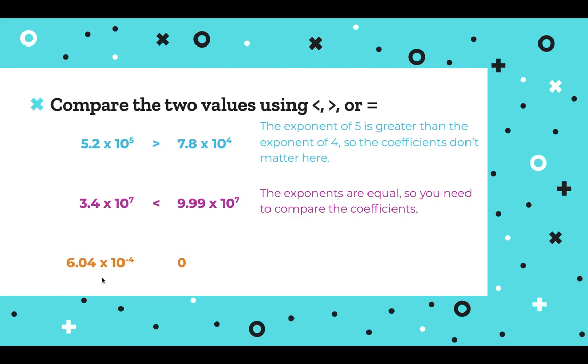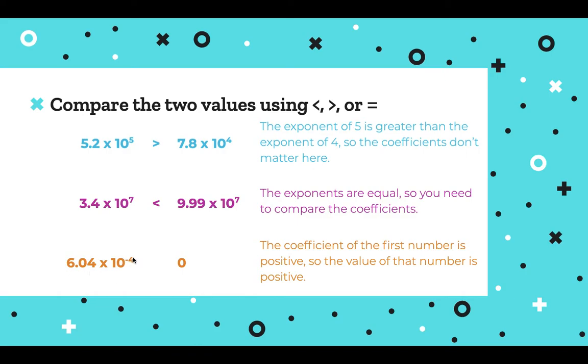So looking at our last example on this page, 6.04 times 10 to the negative 4th, comparing it with 0. What we need to first look at is, is it in scientific notation? Yep, they both are. And we should notice that the coefficient of this first number is positive, so the value of that number is going to be positive.